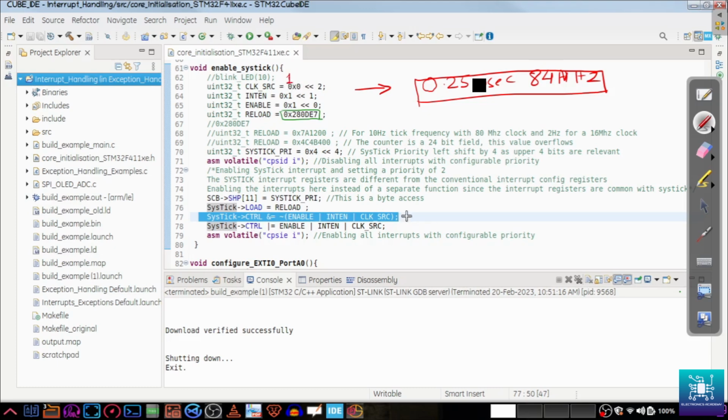Now what I assumed when I came to this line of the code, Systick CTRL, since we have to clear the fields, since it was a 1 previously, if you OR these three, enable, interrupt enable and clock source, in the previous case this was 0 0 0 0, so it is 0 0 1 0 1 0 and 1 0 0. So this would have been 1 1 1 if you ORed all these three together. Okay, and that was the assumption under which I cleared this field using these three variables only.